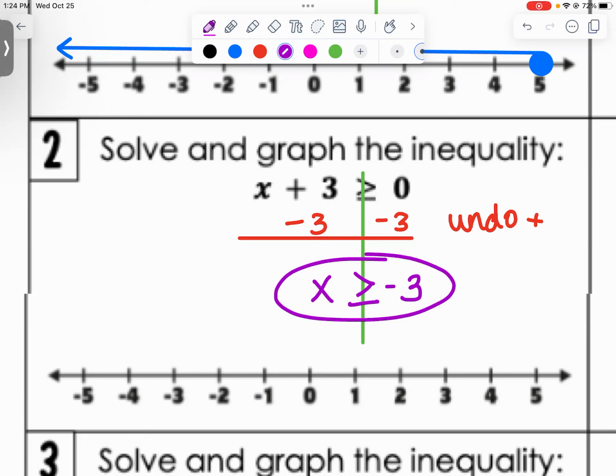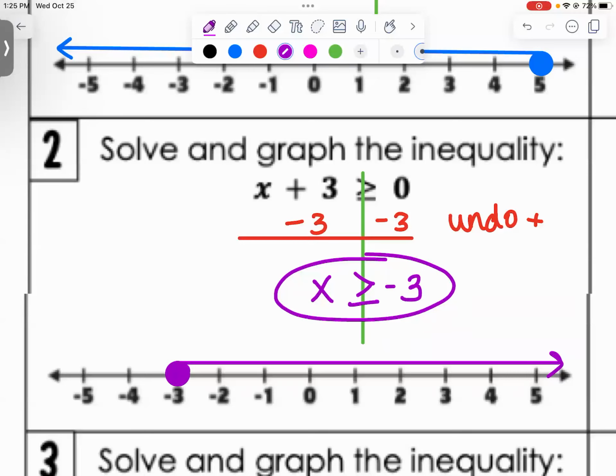So Alexander, what did you put at negative 3? Open circle, closed circle, and which way did you go? Go to the right. Do you agree with Alexander's graph? Who else said no?